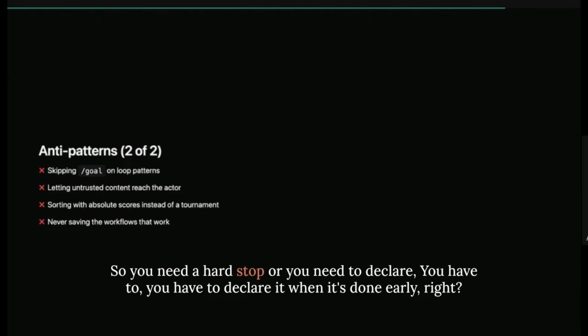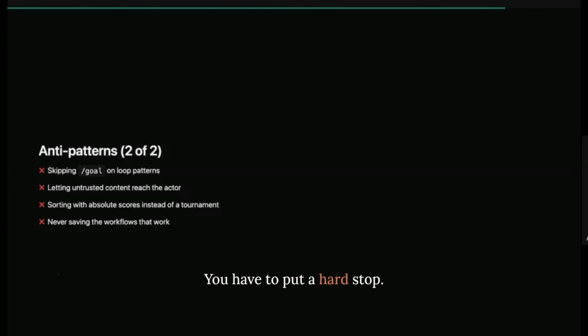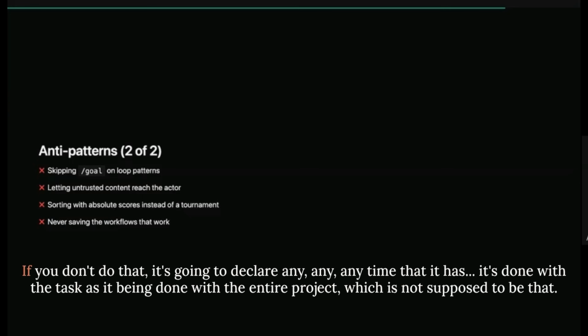So you need a hard stop, or you have to declare when it's done. If you want to ensure that this works, you have to put in a goal, right? You have to put in a hard stop. You're going to stop when this goal has been achieved. If you don't do that, any time it's done with a task, it's going to declare that it's done with the entire project, which is not supposed to be the case.